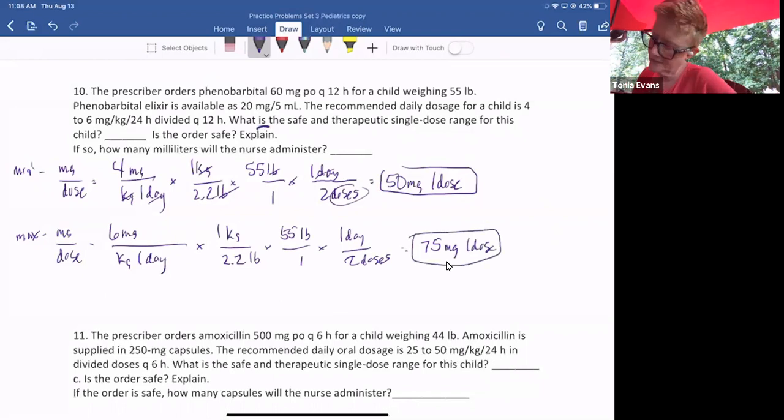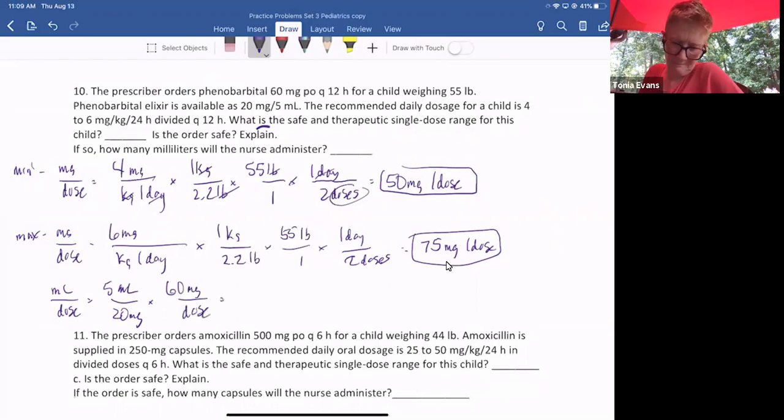Our order is for 60, so we're within range, yes. If so, how many milliliters will the nurse administer? So how many milliliters per dose? We know 5 mLs is 20 milligrams. And 60 milligrams per dose. We have 5 times 60 divided by 20 equals 15 milliliters per dose.